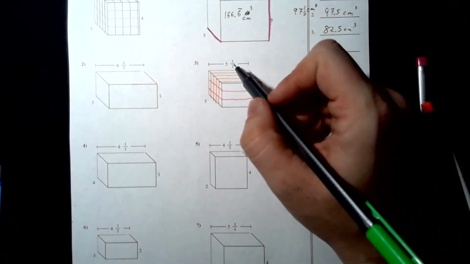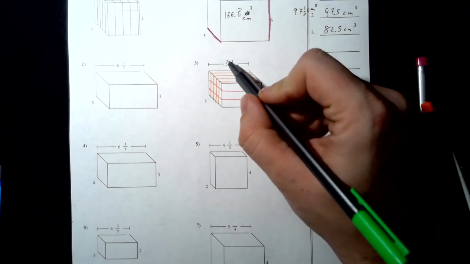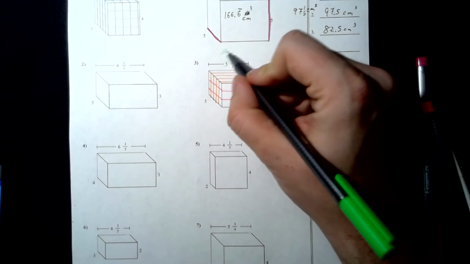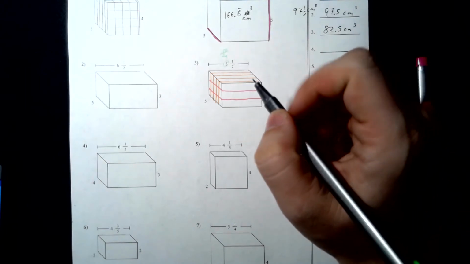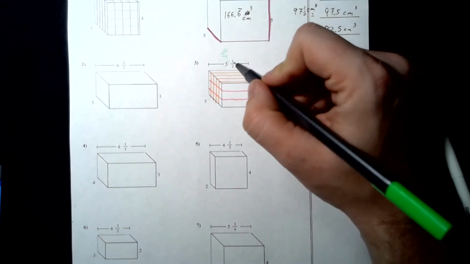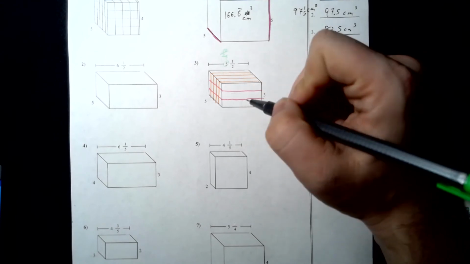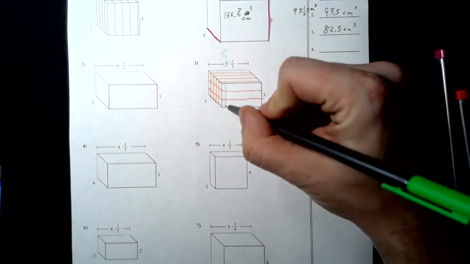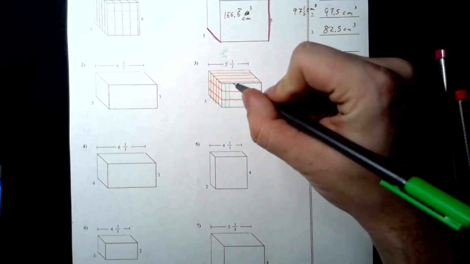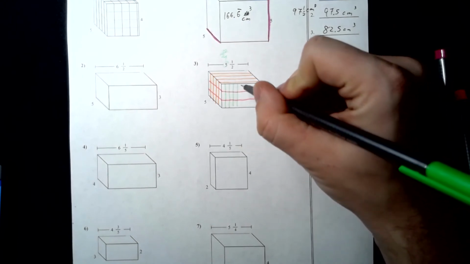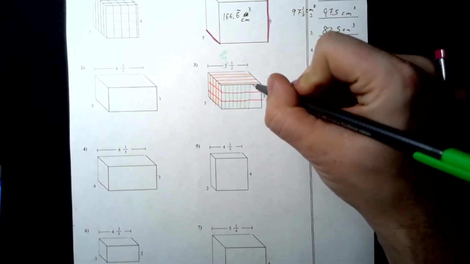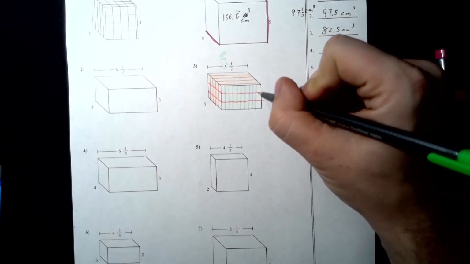So 5.5, if I convert it into halves, I'm going to have 10 halves. 10 over 2, 10 halves. So 10 halves plus 1 half, I should have 11 sections going across. So let's see, 1, 2, 3, 4, 5, 6, 7, 8, 9.